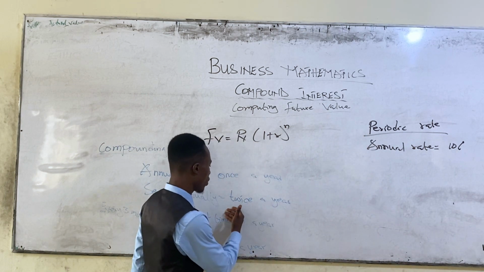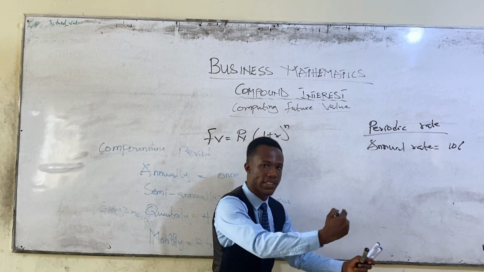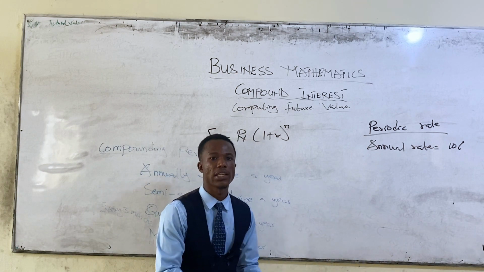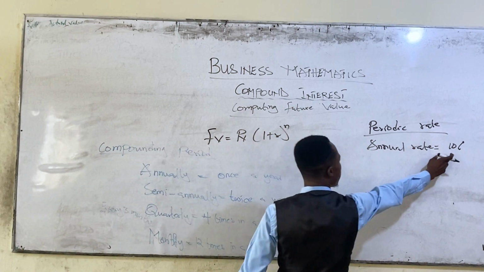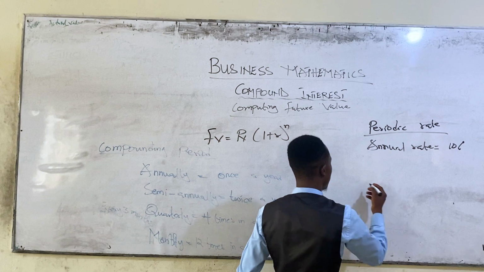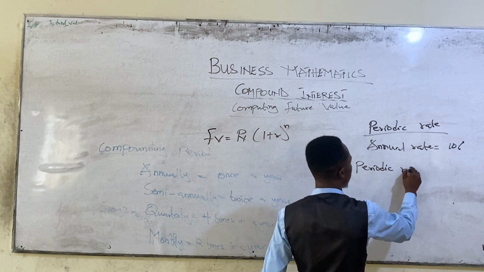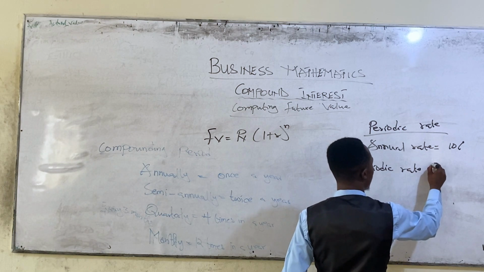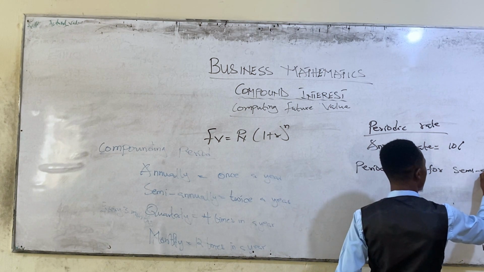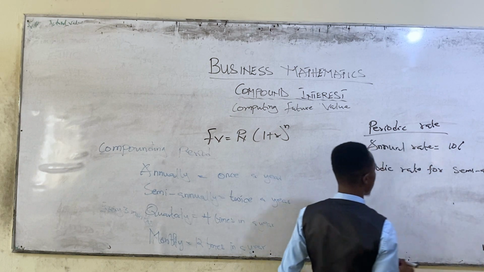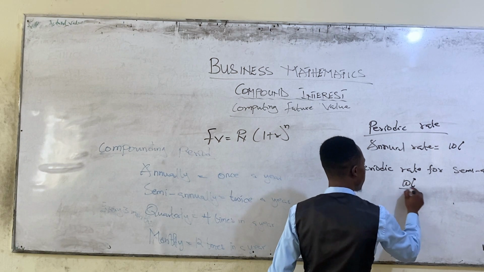If you calculate every 6 months, you have to get the rate for the first 6 months and the rate for the second 6 months. I hope you get it. So if this rate is for the whole year and we want the periodic rate for semi-annual, here you are supposed to say 10% divided by what?